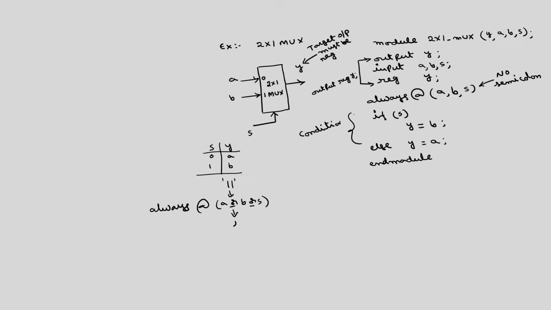As I have told, this entire thing is a procedural block. This will consist of the always keyword followed by some condition, followed by the procedural statements. These are called procedural statements.